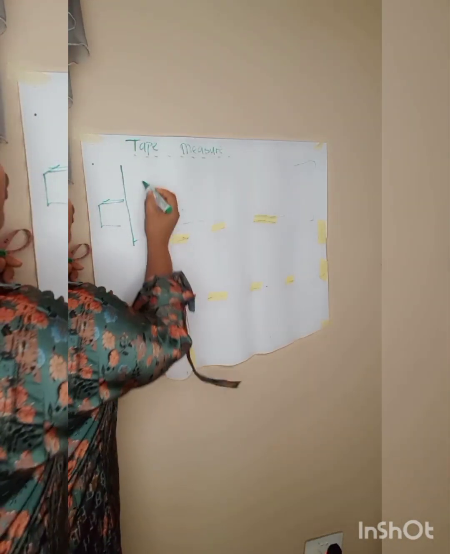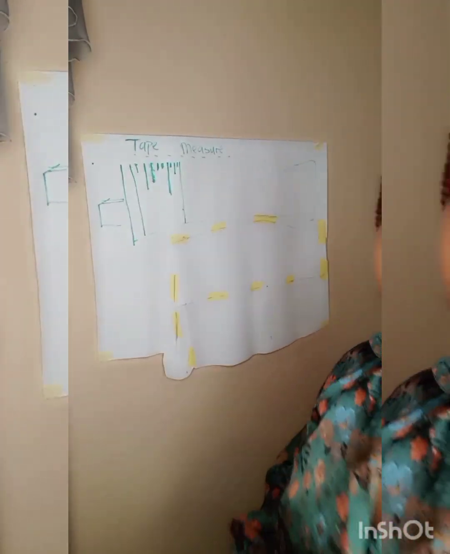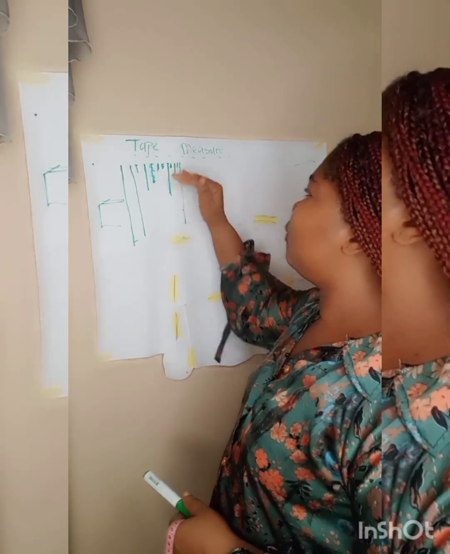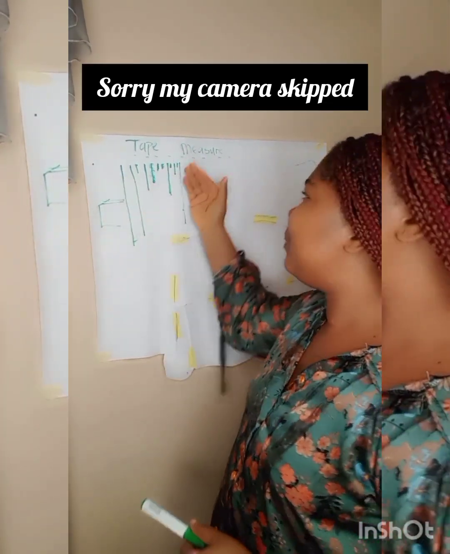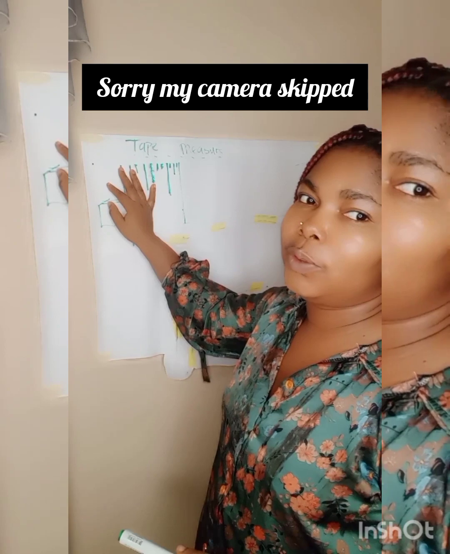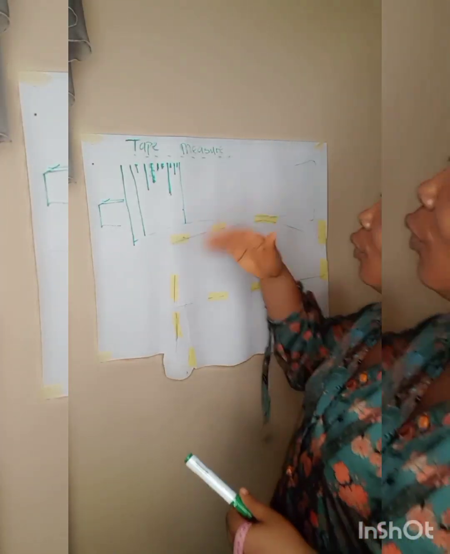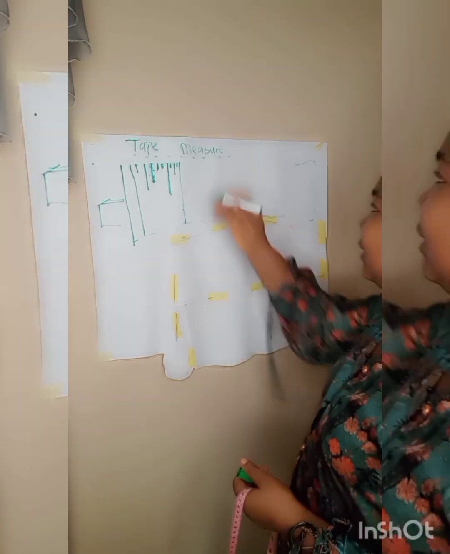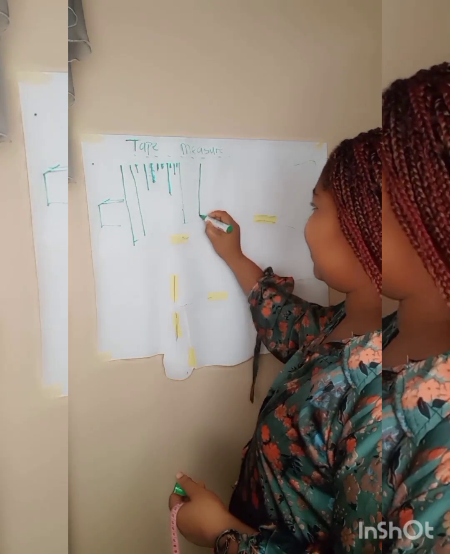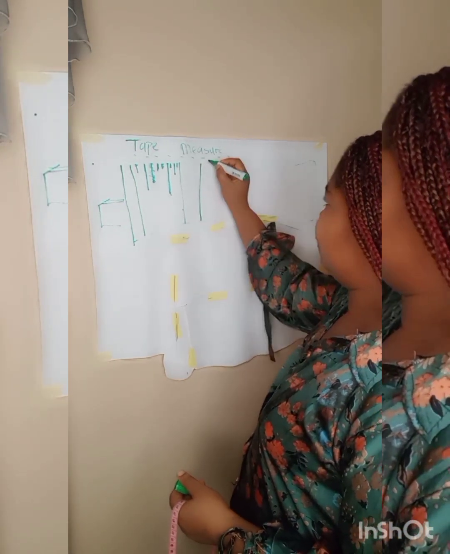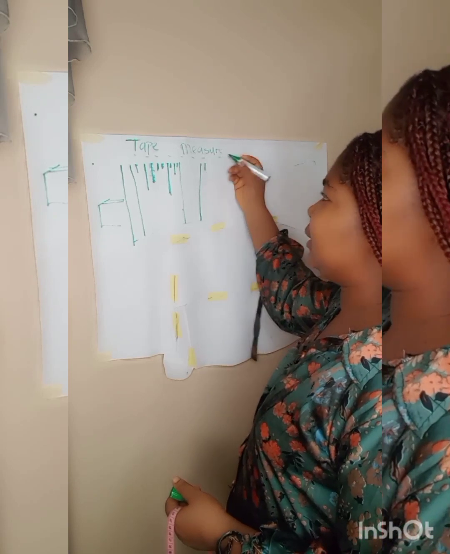So now on your tape measure, you're going to likely see a long line followed by a little dot.